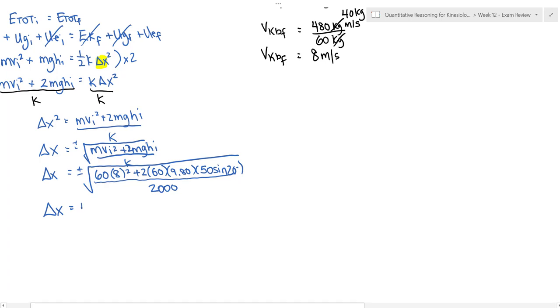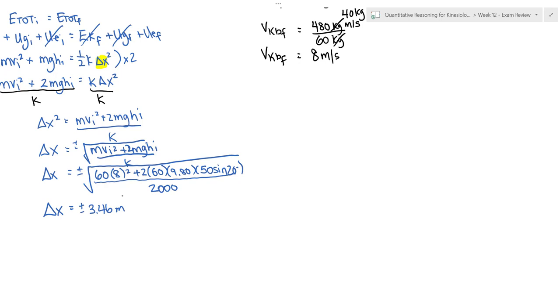And I have plus or minus 3.46 meters. So the question asks how much was the spring compressed. The plus really means that it was stretched by 3.46 meters. The minus means it was compressed by 3.46 meters. You just need to use your logic to figure out which one it was in this situation.